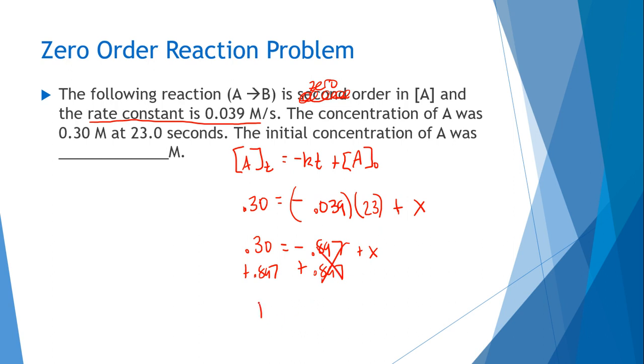And when we do that, we get 1.197 equals X. Now I am going to round to 2 sig figs based on the numbers I'm given. So 1.2 equals X, but I do need a unit. So since my concentration was molarity, my initial concentration should also be molarity as well.